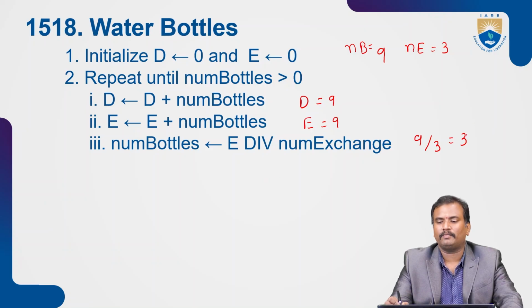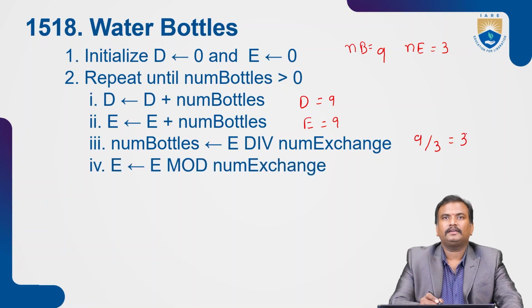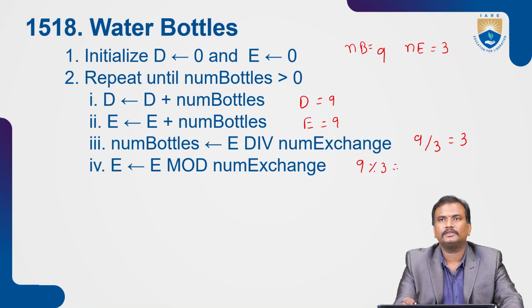So our number of bottles here is 3, and then E equals E mod number exchange. Here 9 modulo 3 equals 0. Again E has become 0.